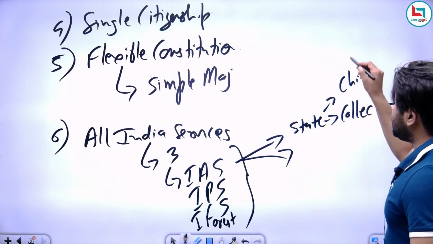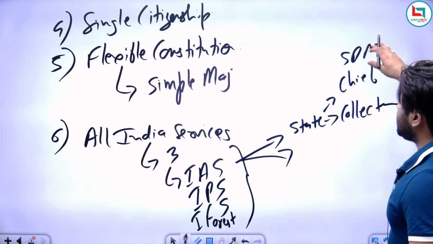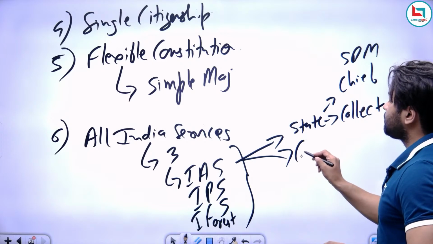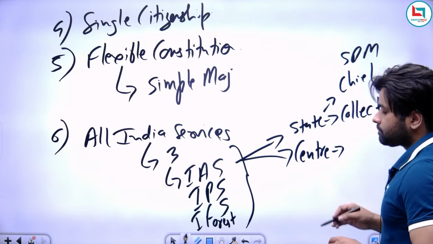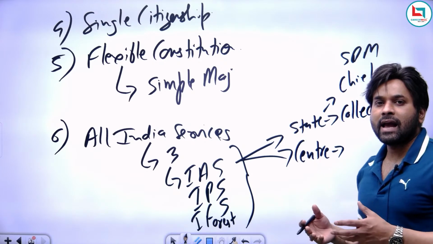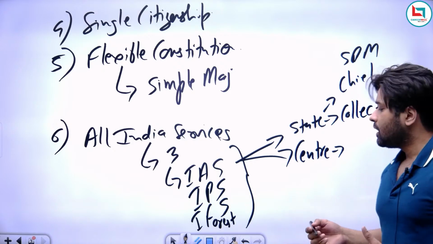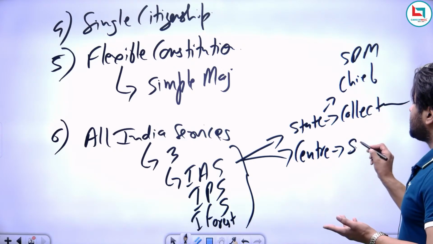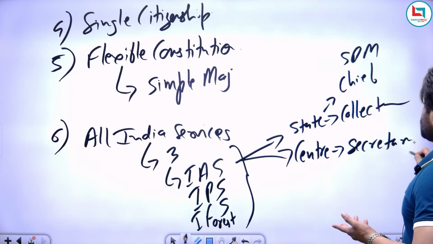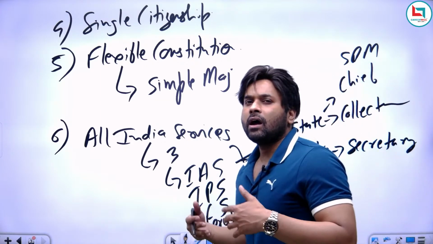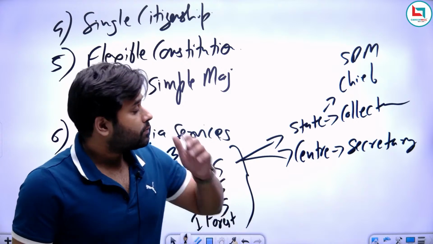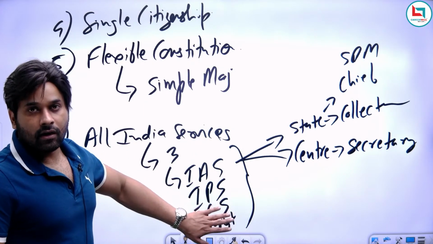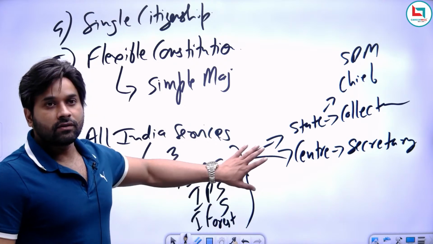So as SDM, collector, chief secretary, he is giving his services to the state, and the same IAS officer could be appointed as the secretary to the government of India. So the same officer is going to give his services to the center as secretary to the government of India, joint secretary, director. So these are appointed by the central government, but they are also giving their services to the state.